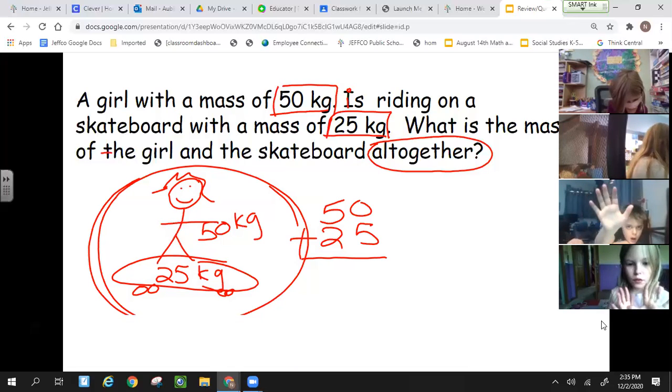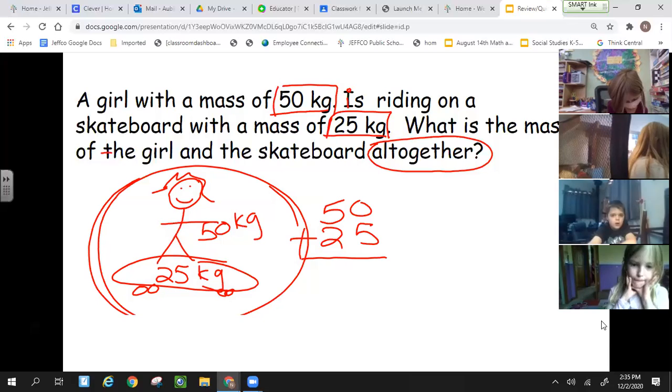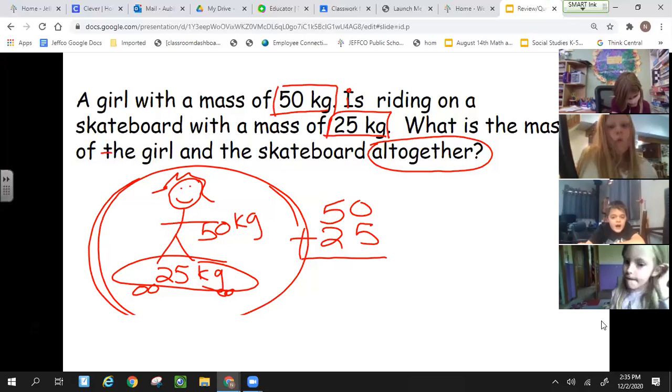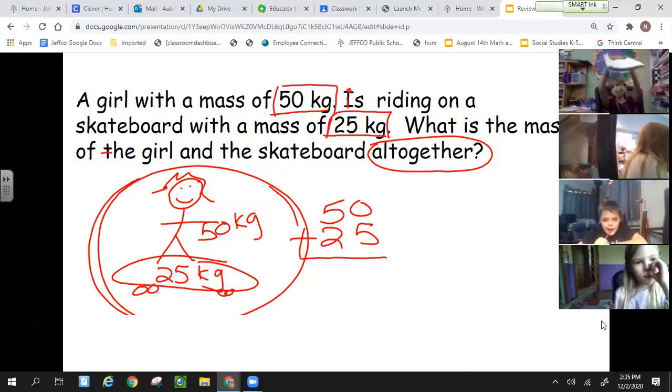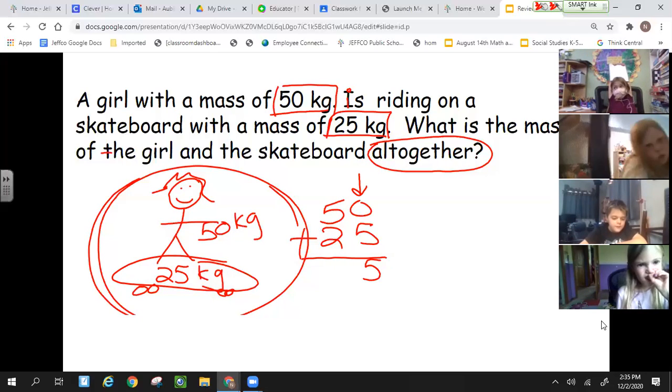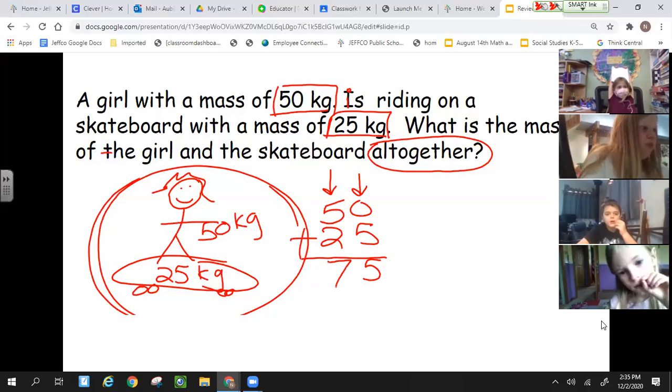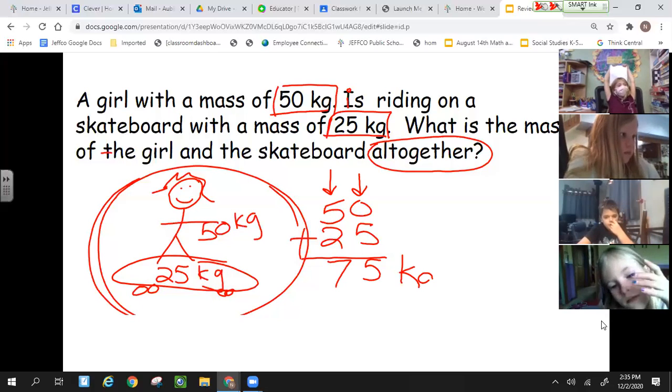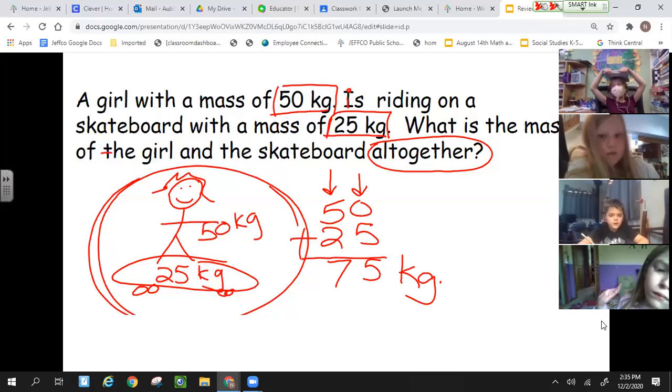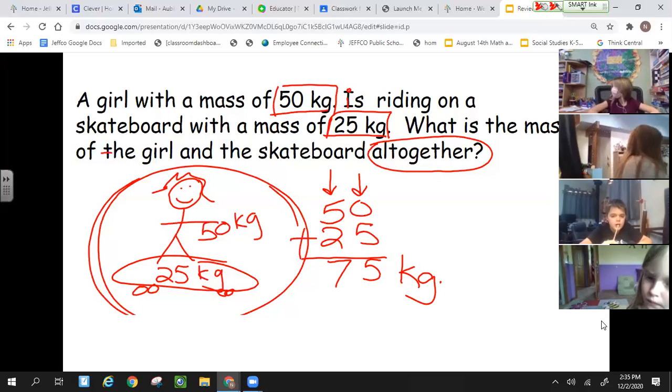All right. Ben, how about you, my dear? So you know 0 plus 5 equals 5. And 5 plus 2 equals 7, so it equals 75. And what's our unit? Kilograms.